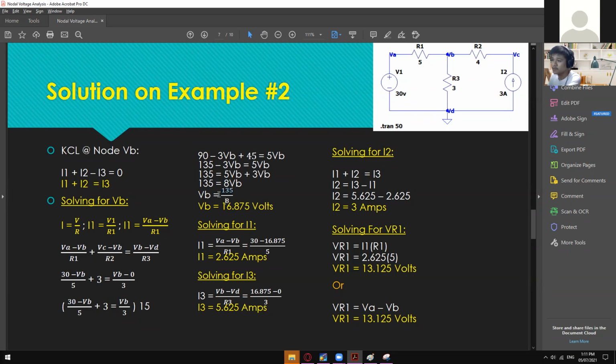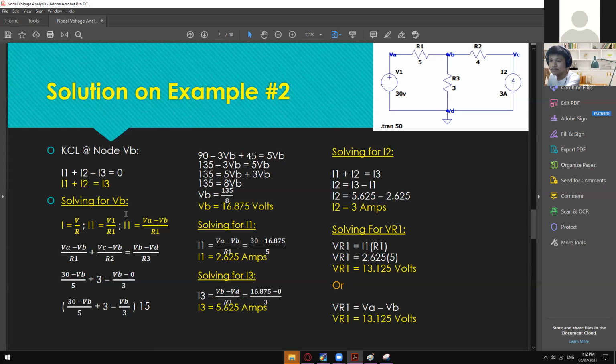And then just solve this one using your calculator, and you will get 16.875 volts. And then of course, since you now have the VB, you can now find the I3. We have two ways for this. I3 is equal to VR3, or VB divided by R3, or you can use the equation itself.